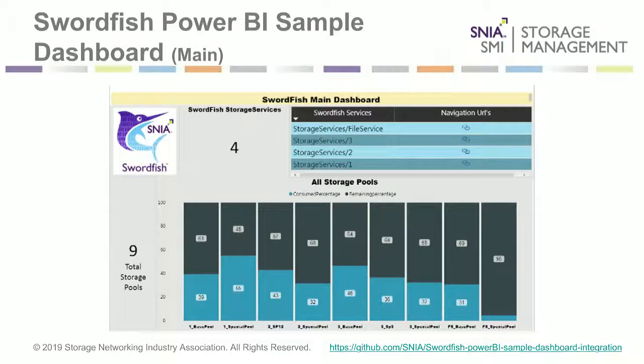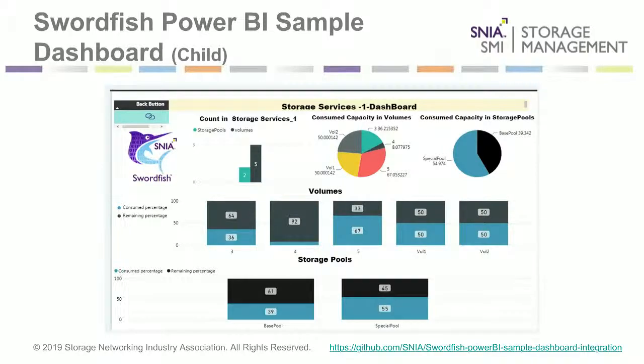If you want more detail about anything, there's a set of links up at the top right, and we'll take a look at, I believe it's storage system 1, where by clicking those links, you can go down to a child dashboard, and the child dashboard gives you more information about that particular service. And in this case, there are 5 volumes and a couple of storage pools that volumes can be created from.